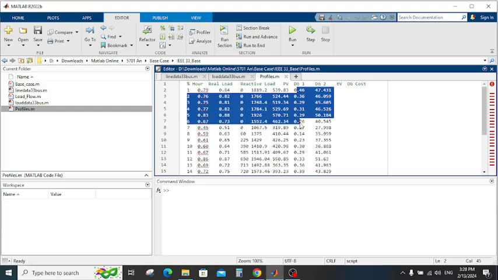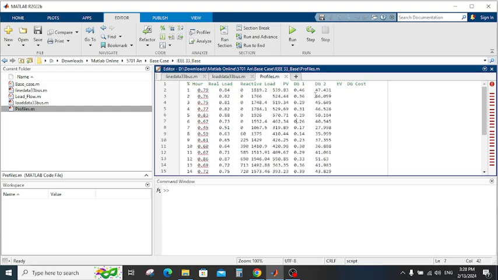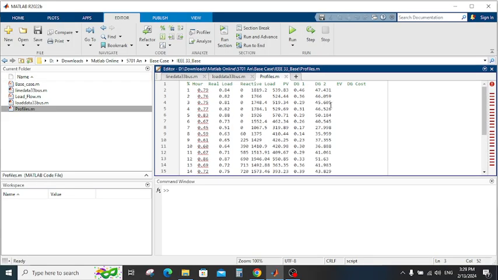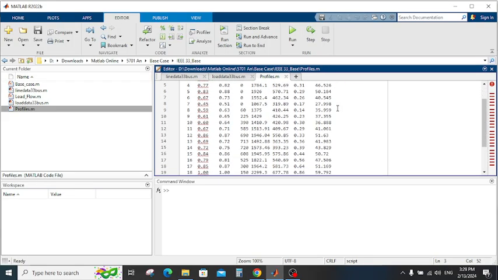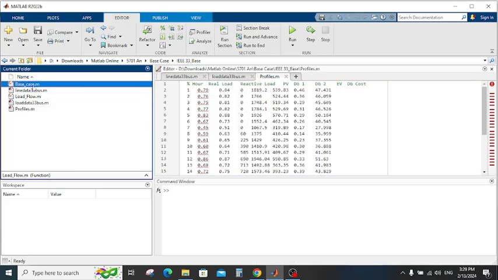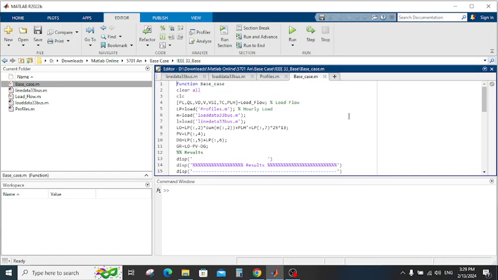Then in this column is the EV profile, and the last one is the distributed generator cost. This is the profiling brought from the reference papers, and after that we started with the base case.